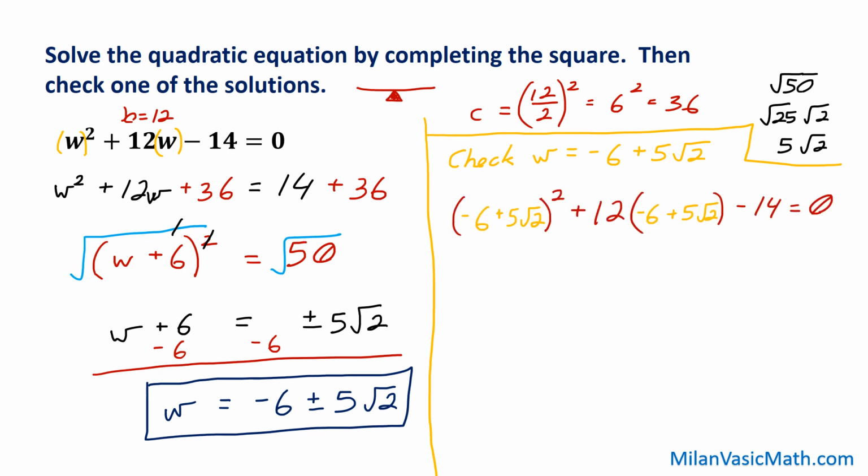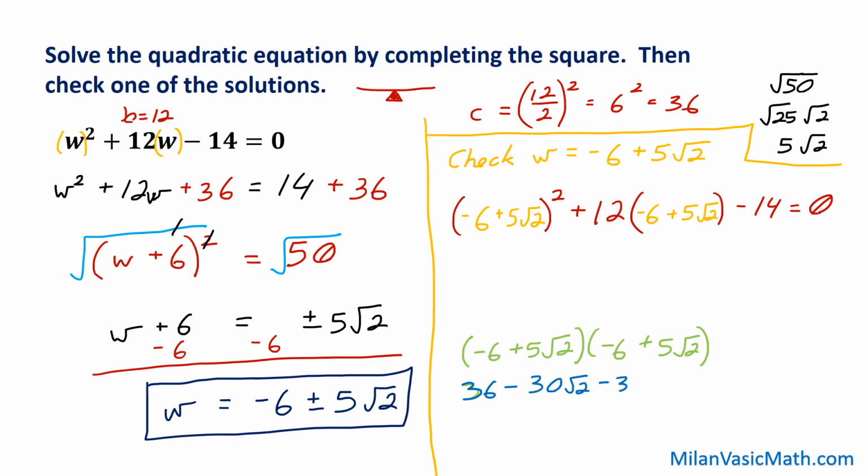Okay, this will take a little bit of time. So negative 6 plus 5 radical 2, quantity squared. I recommend you write it twice and then distribute. And there I wrote it twice, and now I'm just going to distribute. So negative 6 times negative 6 is 36. Negative 6 times 5 is negative 30 radical 2.